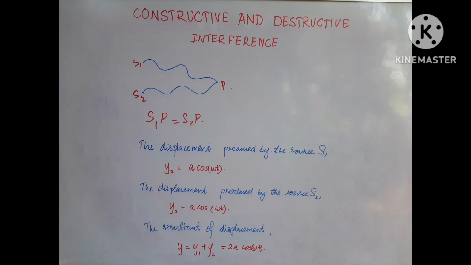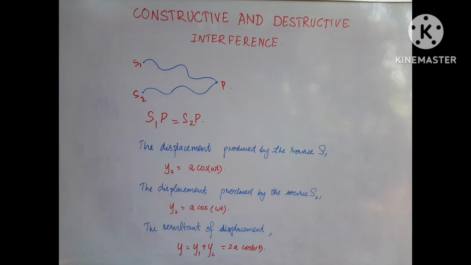Okay, so we can say that y is equal to y1 plus y2 is equal to 2a cos omega t. Here, the resultant displacement has an amplitude 2a, which is 2 times the initial case. So this is our interference pattern, or the resultant interference. So we can say that the waves at that particular point add constructively, giving 2a cos omega t.